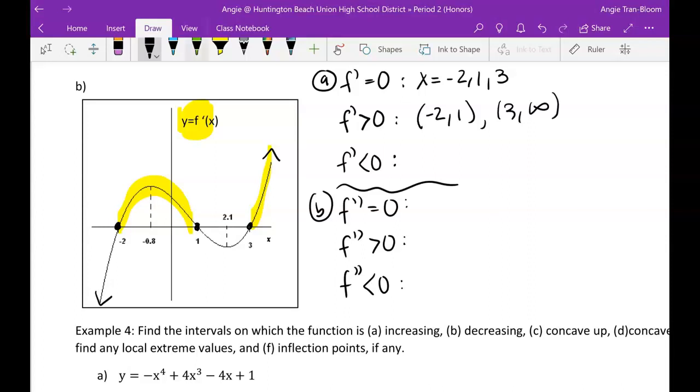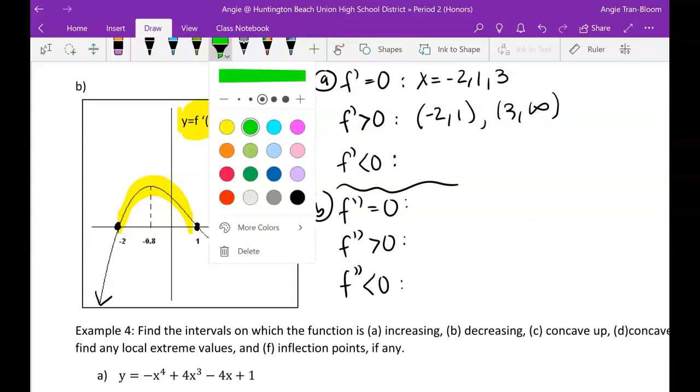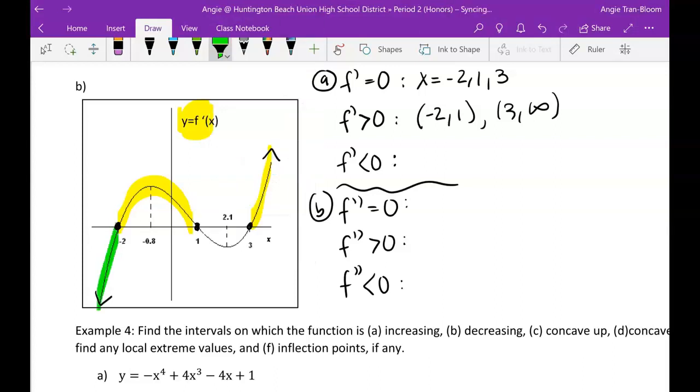When is it negative? Let's get a green color. It's negative when it's below the x-axis. And remember, this is already f prime, so I don't even have to do any work. I just have to look at it. So it's negative when it's below 0, from 1 to 3. So that one's awesome. That one's easy.